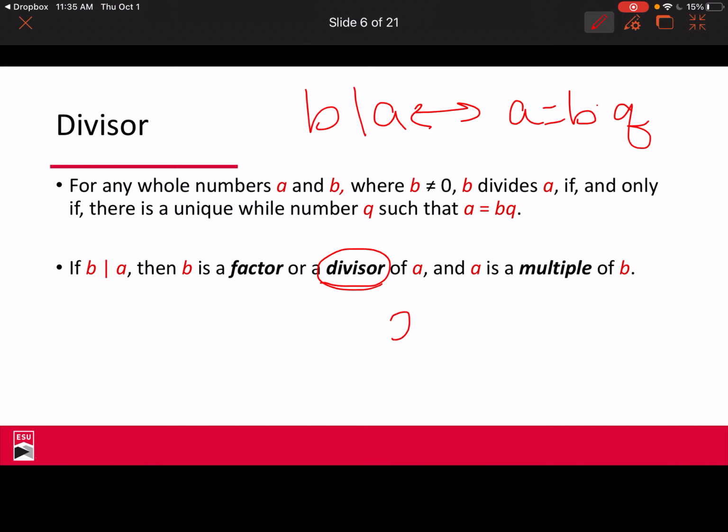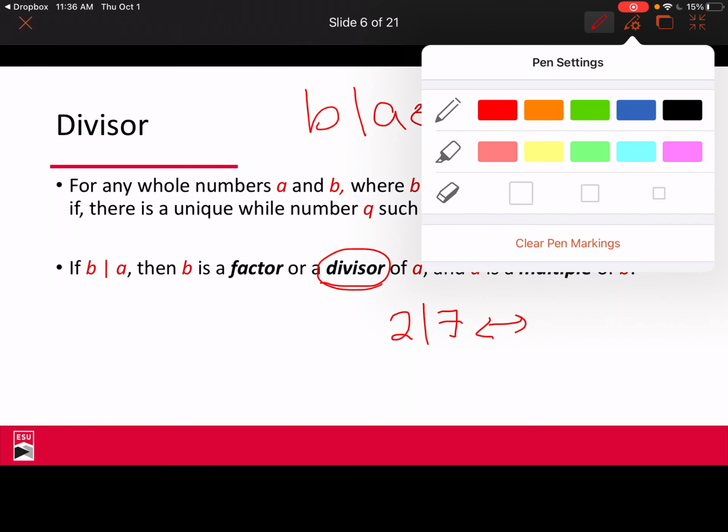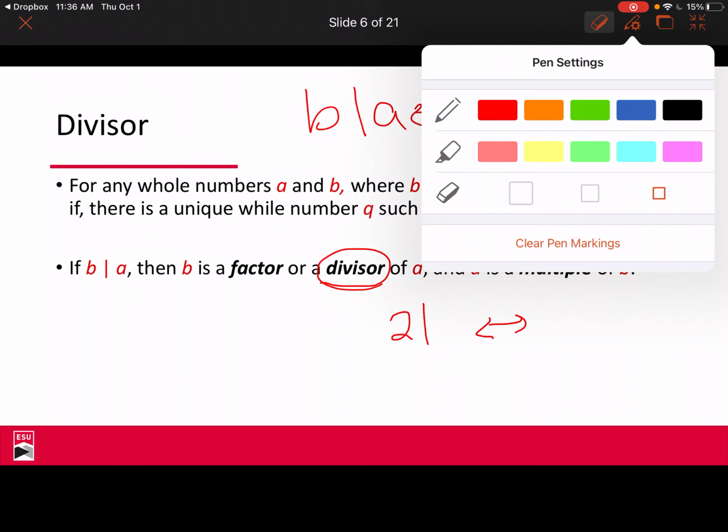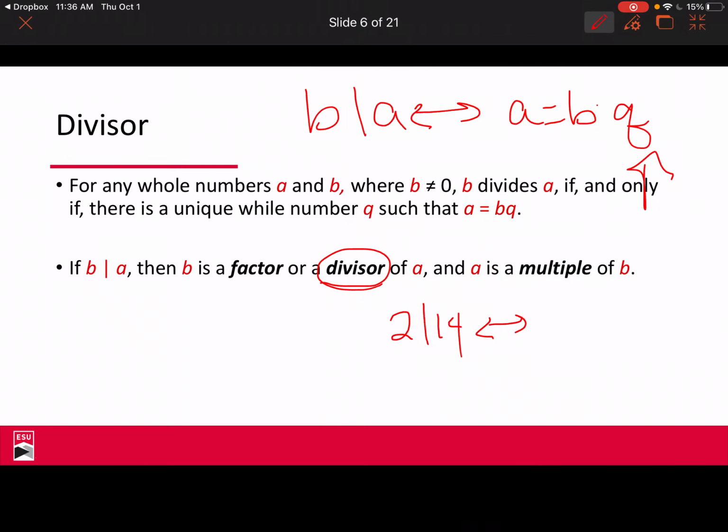Let's look at our example. 2 does not divide 7. I got ahead of myself. 2 divides 14 because there's got to be some number q such that 14 equals 2 times q. And what is that q? Well, that q is 7.